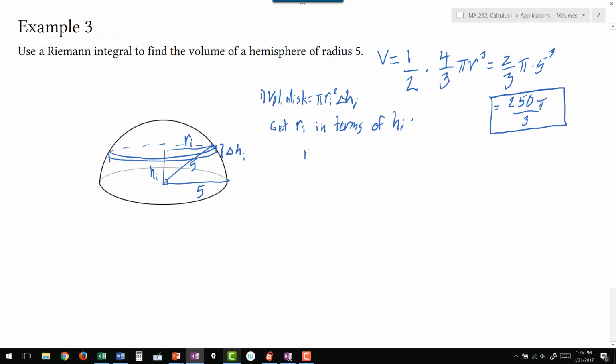By the Pythagorean theorem, then, r_i squared plus h_i squared is equal to the hypotenuse 5 squared.